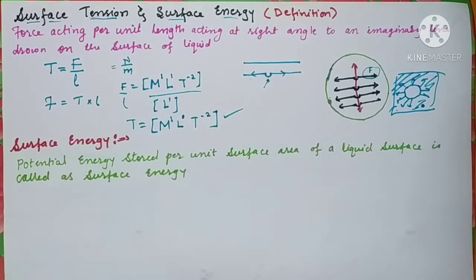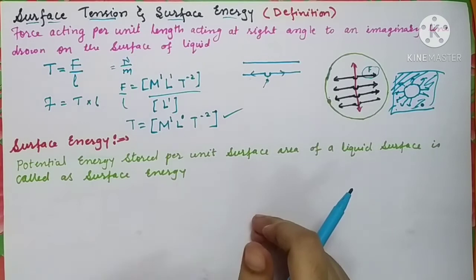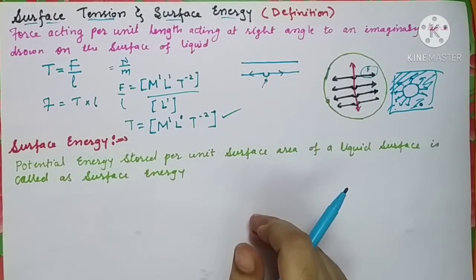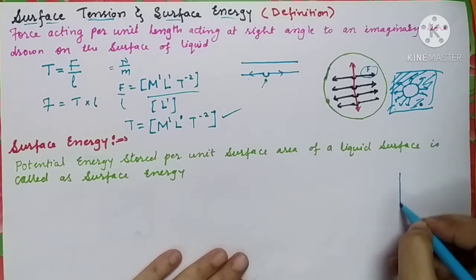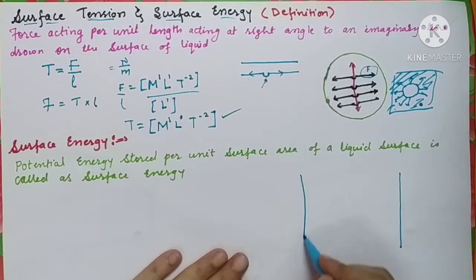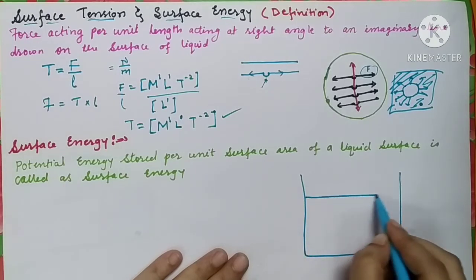Now let us quickly define another term, which is surface energy. Let us see what surface energy is. In the last lecture, we had seen that in a container containing liquid, we had considered 3 molecules of a liquid.